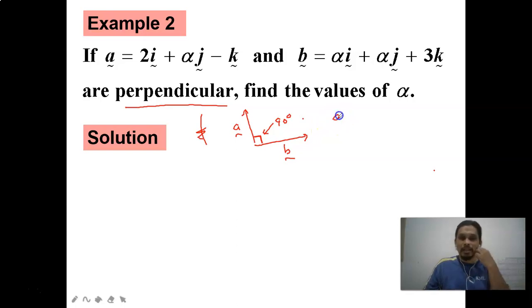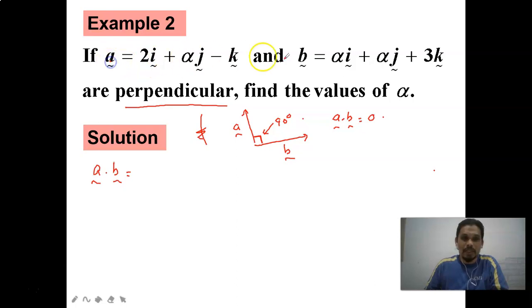And then A dot B equals 0. So let's take a look at this one here now.